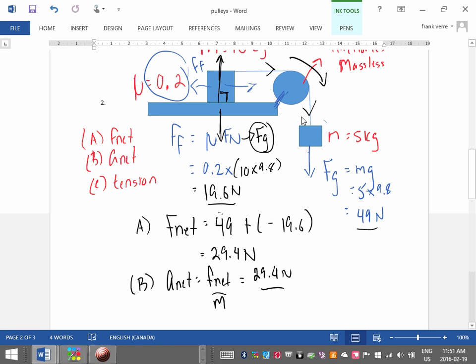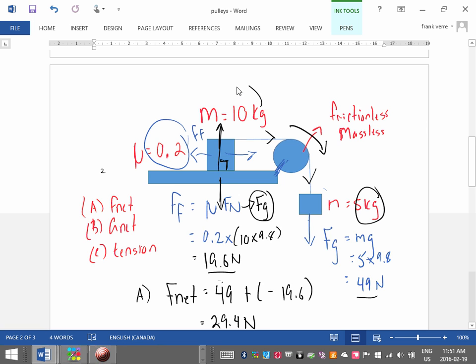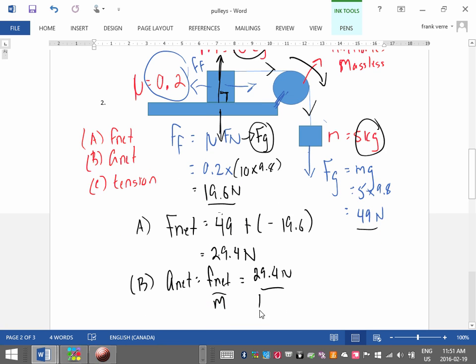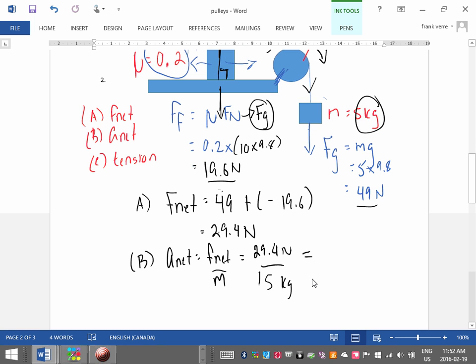Again, these things are connected by a string, so we've got to consider the total mass. That would be 5 plus 10, so the total mass would be 15 kilograms. So the net acceleration would be close to 2.